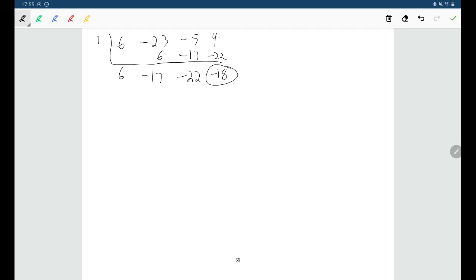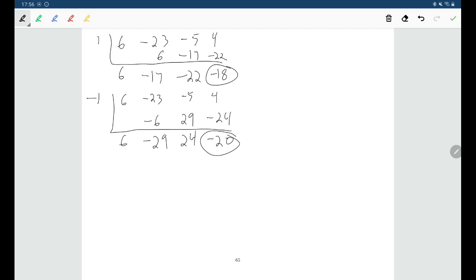And if our remainder is not 0, then we can move on to the next. So 1 is not a 0. Let's try -1. Multiplying and adding, multiplying and adding, multiplying and adding. Nope. Okay, so positive or -1, that didn't work.